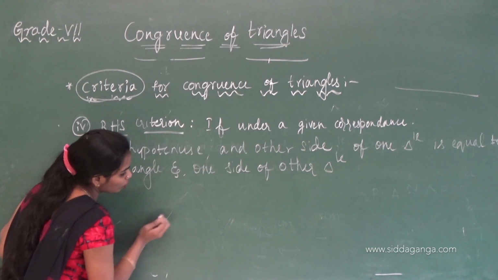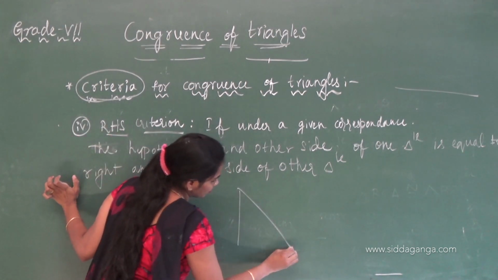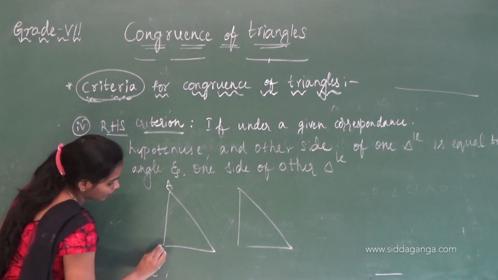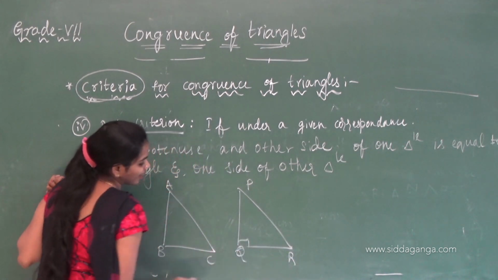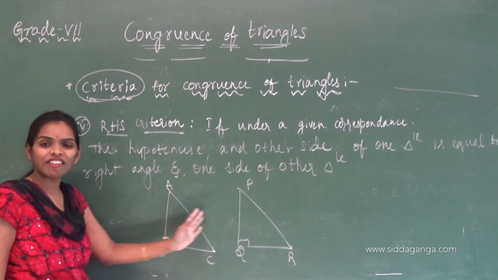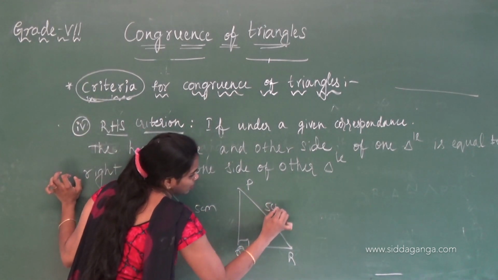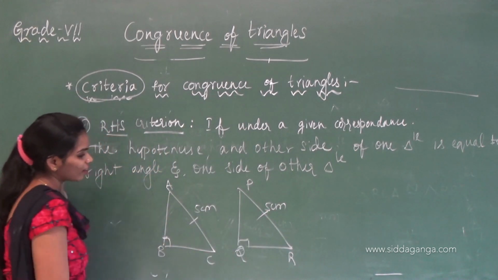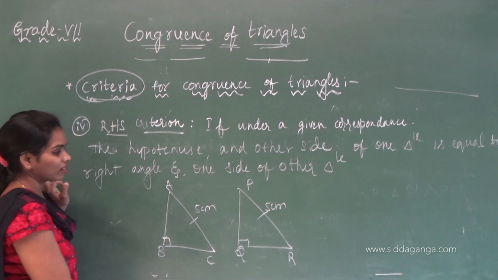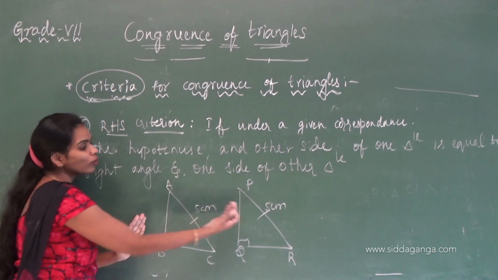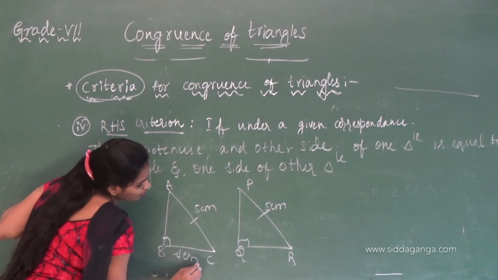Okay, here I am taking two triangles, ABC and PQR. Obviously the right angles will be equal because they are 90 degrees and 90 degrees, and the hypotenuse measures 5 centimeters. Here there is a base and a height. Either the height should be equal, or the base should be equal. Here I am taking the base as 4 centimeters and 4 centimeters.